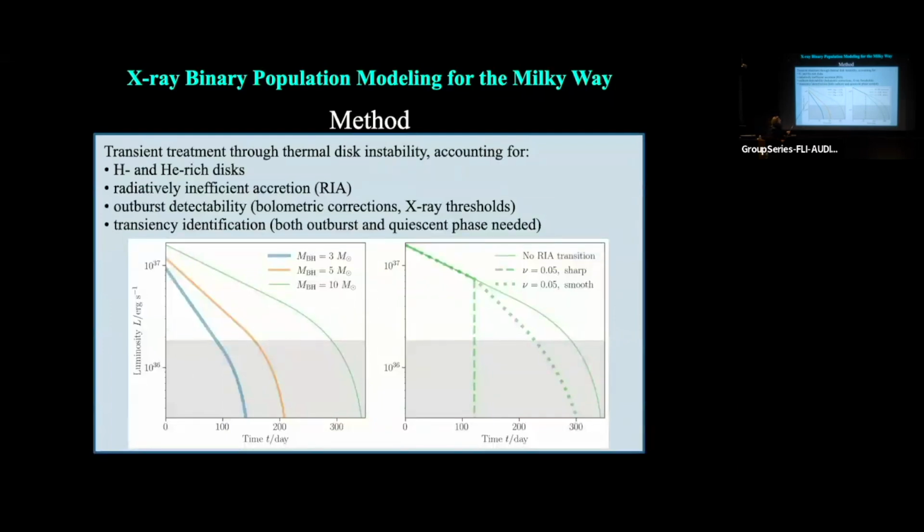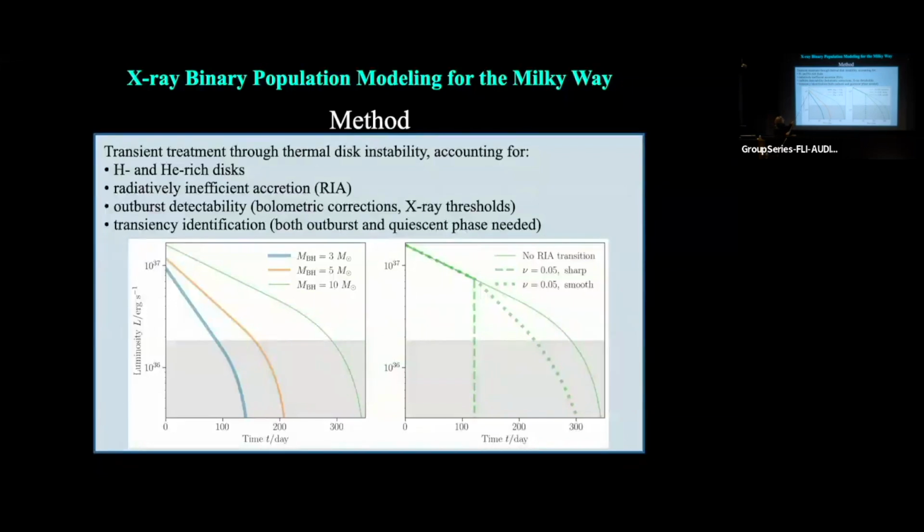One slide. We have to model the transient. It's not perfect, but this is the kind of shape we use for the transient. Most places will model the transient as a top hat, so it's on or off. We did something a little better.